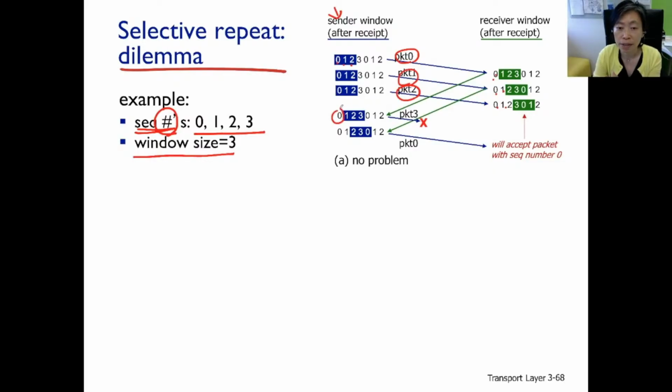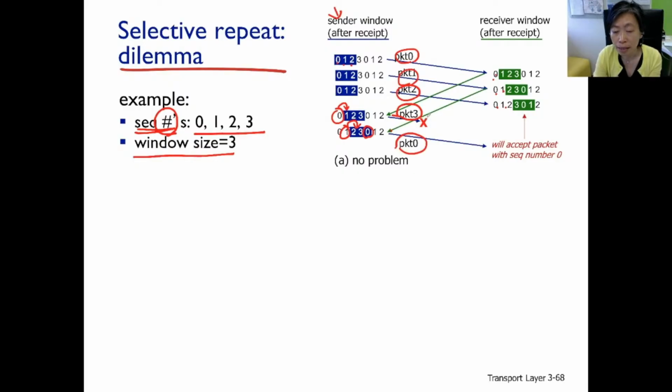This is in sequence, so we advance the send base, and we generate yet another packet to go. The next ACK advances the send base further to 2, and we generate yet another packet to send. And the next one will be what? Yeah, carrying sequence number 0.